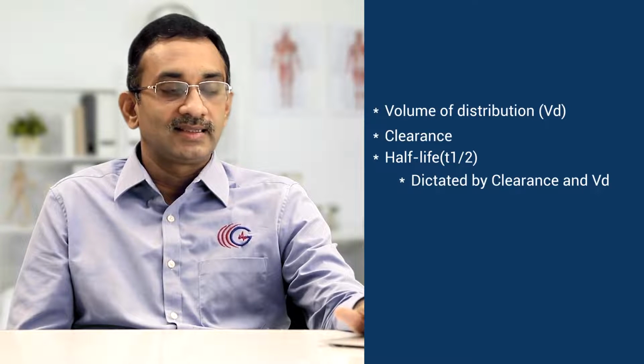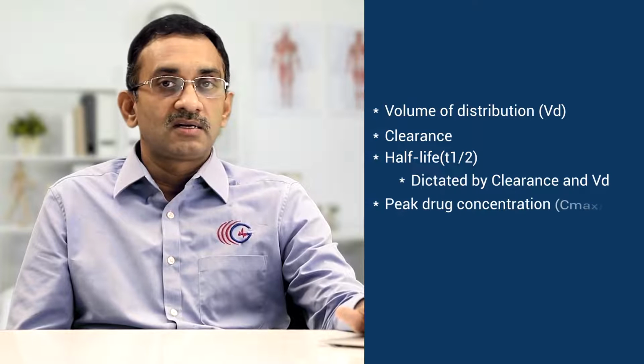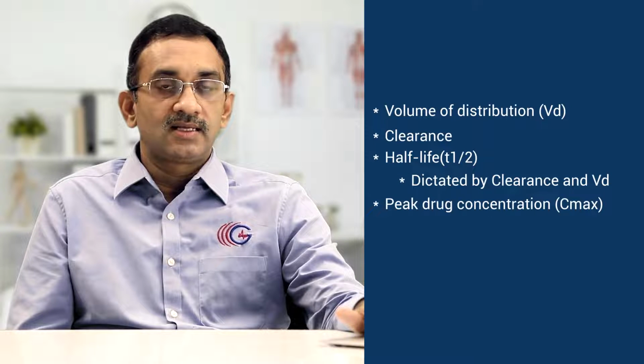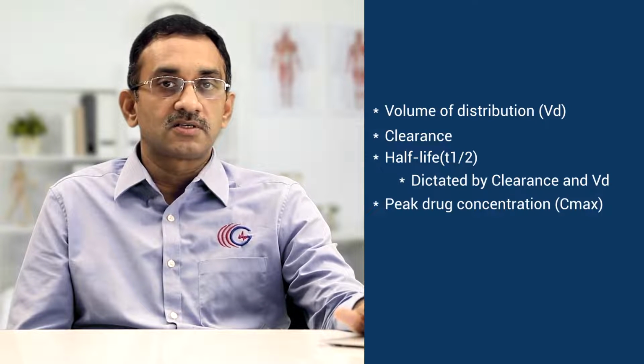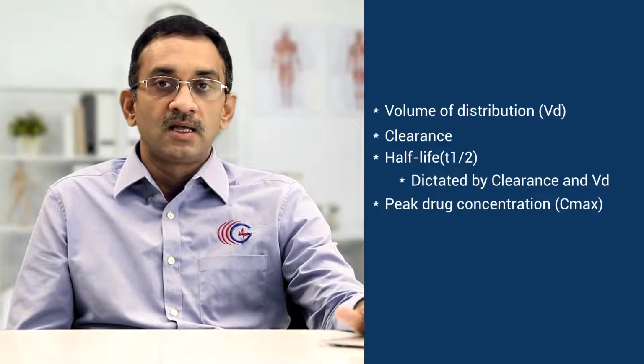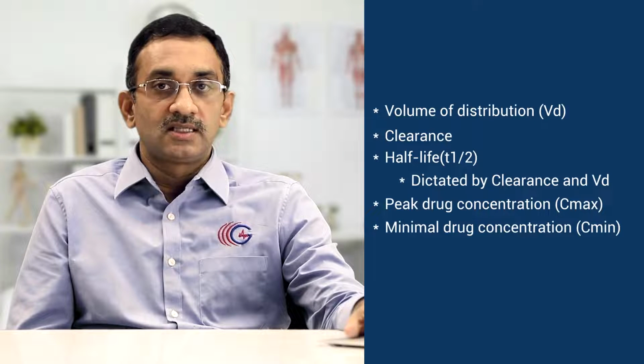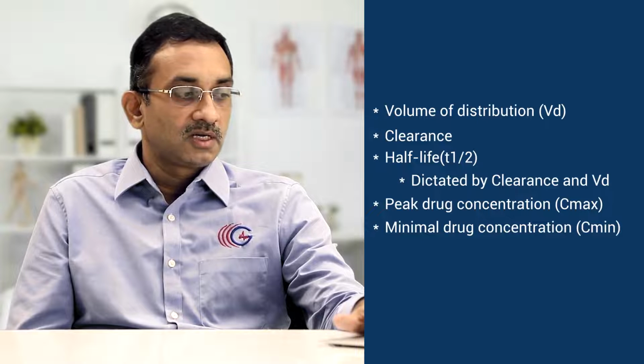The first principle I want to talk about is volume of distribution. We will talk about clearance of a drug. We will talk about the half-life of a drug, which is determined by both the volume of distribution and the clearance. The peak drug concentration is very simple. As the name suggests, it is the highest concentration of the drug in the human body. Minimal drug concentration is the lowest drug concentration in the body.